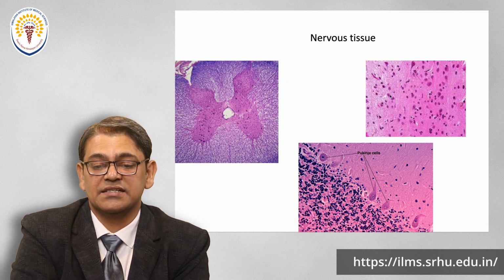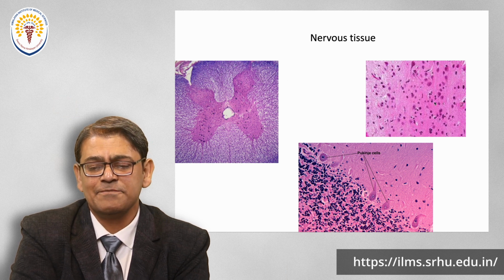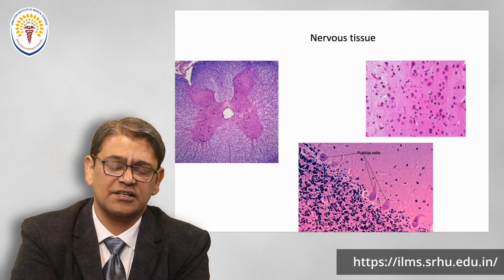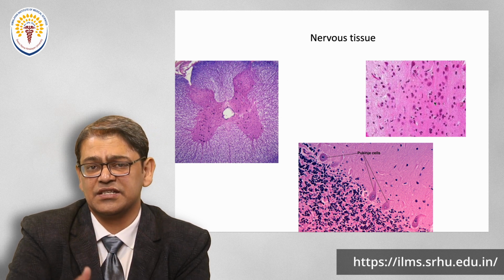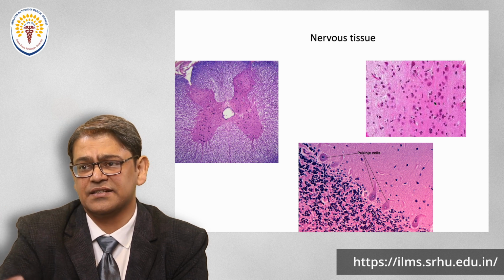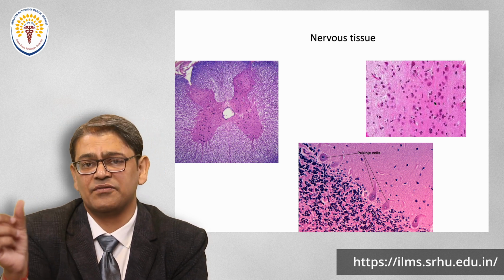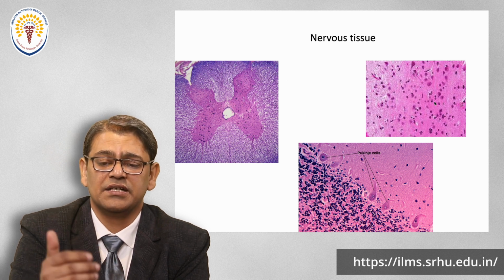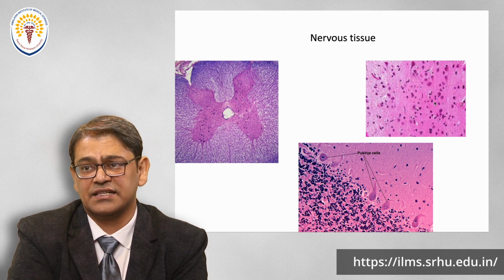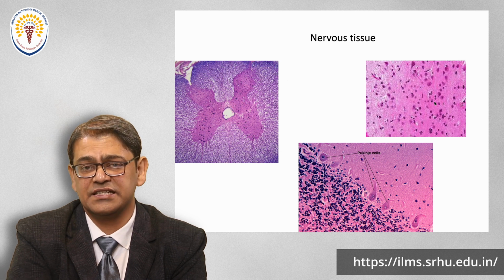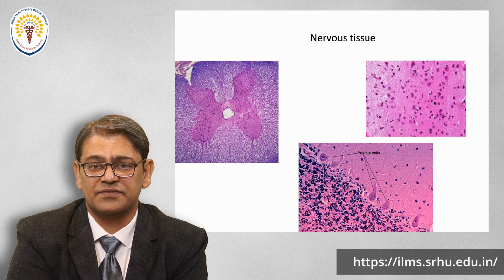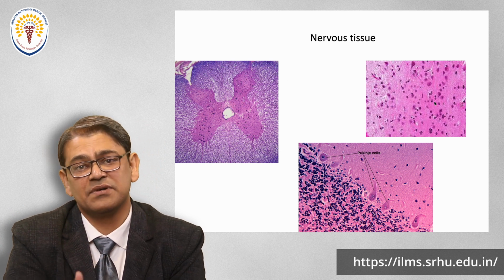We see many layers of pyramidal cells in the cerebral cortex. In H&E staining, it is not always possible to clearly differentiate the various layers of the cerebral cortex. It also depends on where you have taken the tissue from. The layers in the cerebral cortex in the parietal region are different, and if you take it from the hippocampus, it is different again.